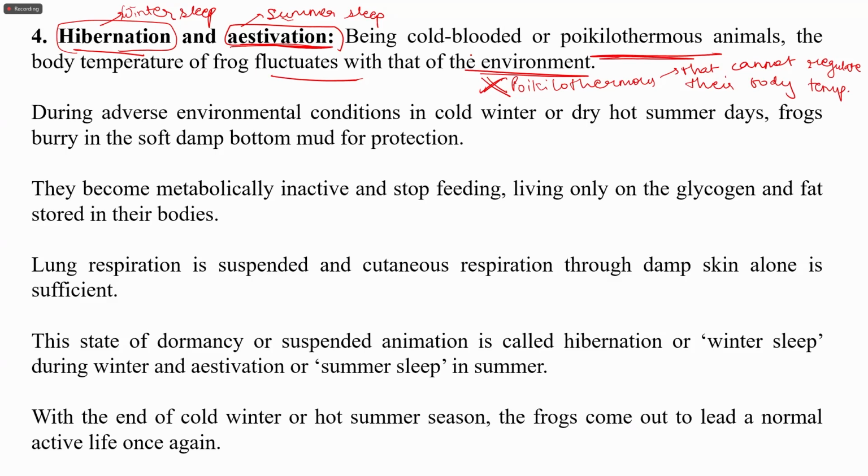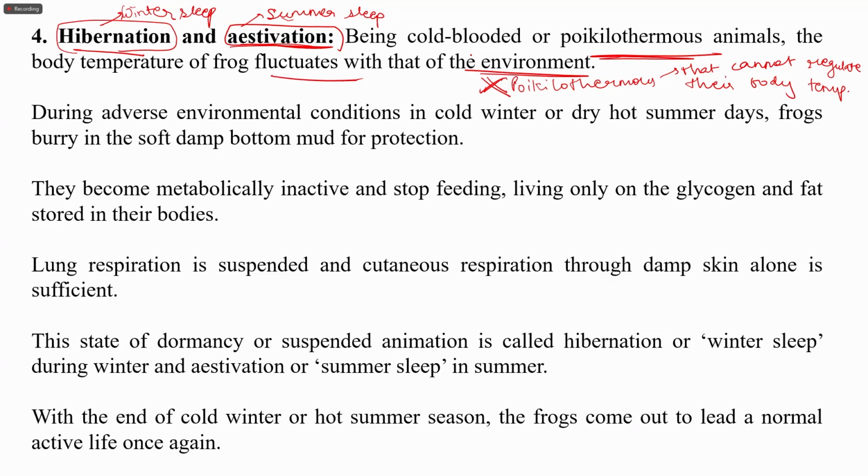But there are certain animals which are known as poikilotherms. These poikilotherms are the animals that cannot regulate their body temperature, and therefore their body temperature fluctuates with that of the environment.